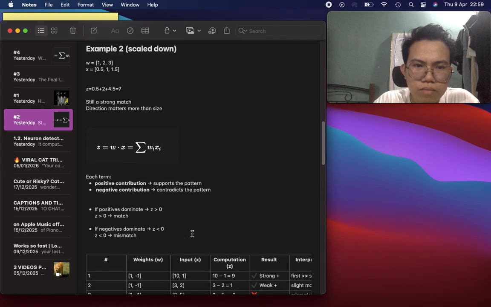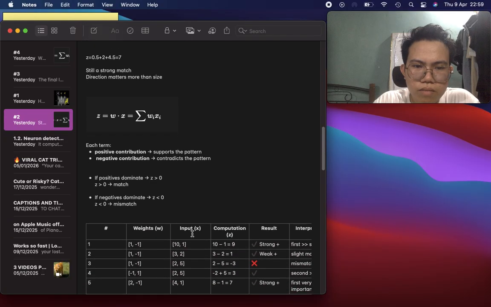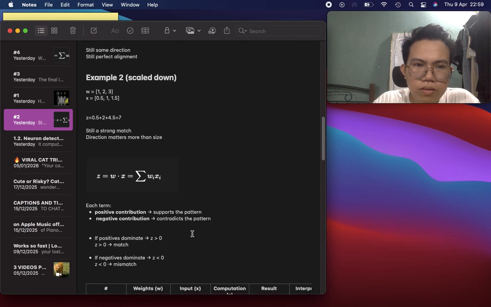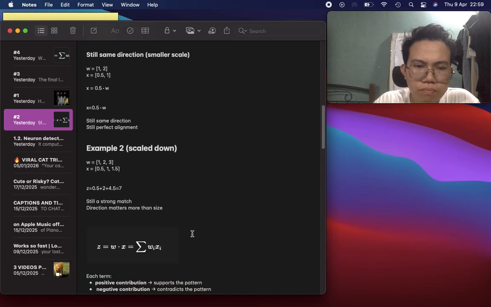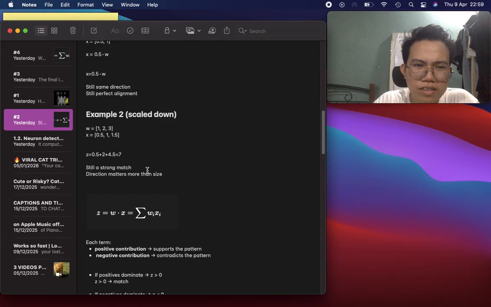This is another example of loose alignment and positive contribution. For example two, we have the weights of 1, 2, and 3, and the input values are 0.5, 1, and 1.5.